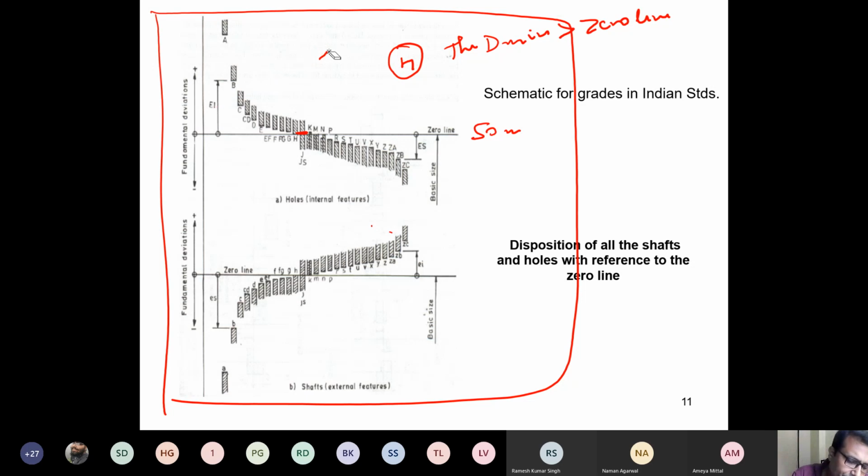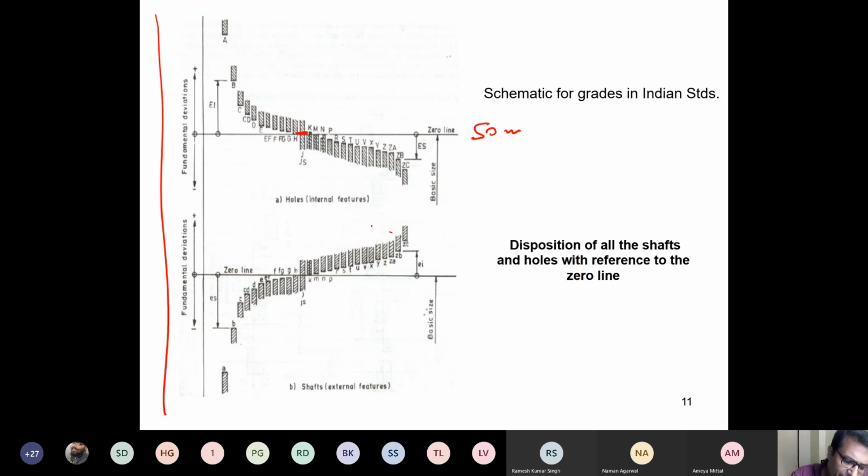And what happens is, if I have a shaft and a hole, can somebody answer what will be the fit here? So this is the A shaft. For the A shaft, the fundamental deviation is this. And then the tolerance I can define whatever.